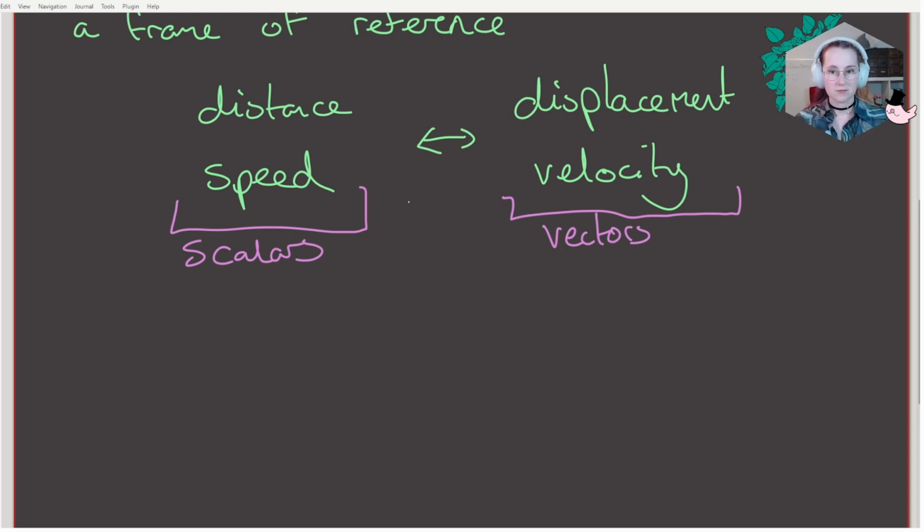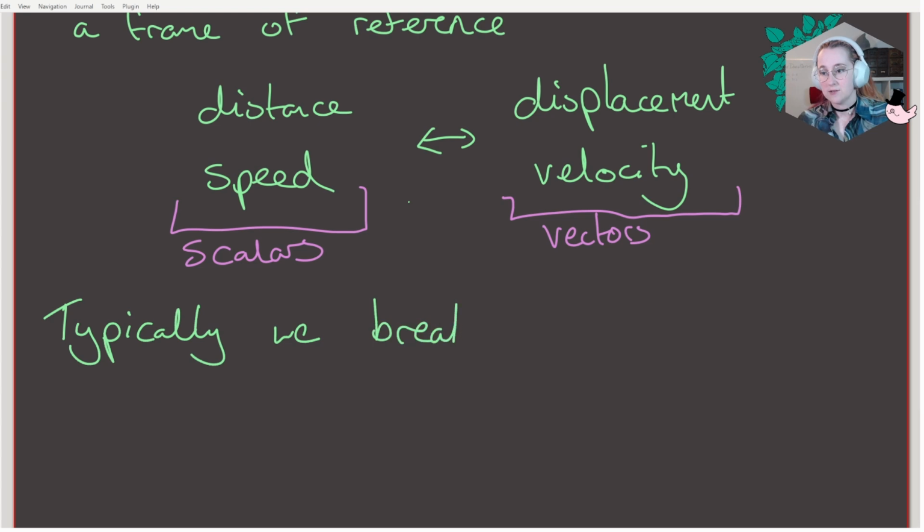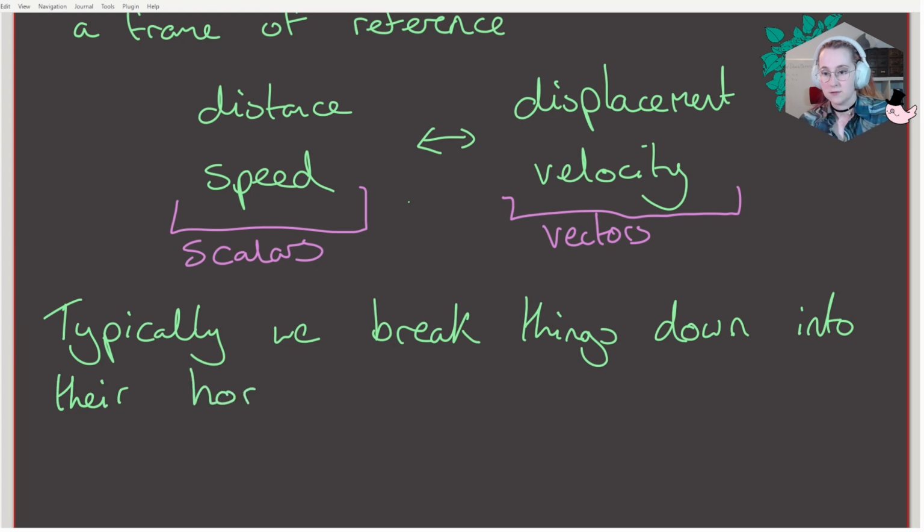So when we talk about things with Cartesian coordinates, typically we break things down into their horizontal and then vertical components. So horizontal, meaning x-axis, or sometimes if we're not doing axes yet, I'll just do a little arrow.